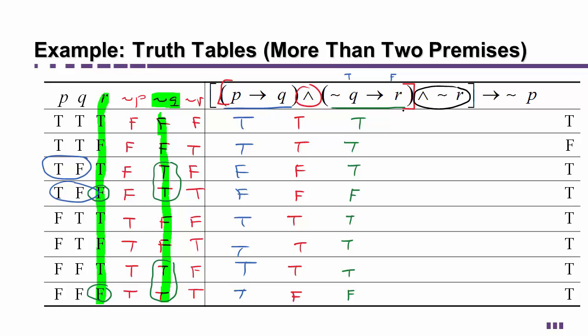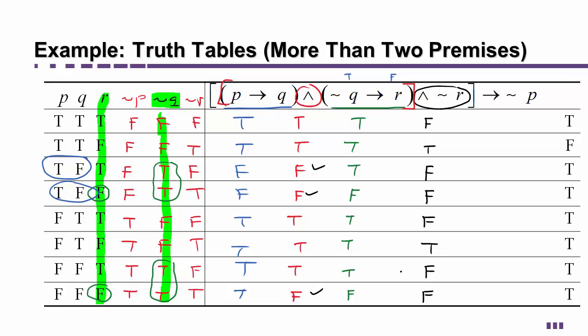And again, it's only true when both things are true. So we know right off the bat, it's got to be false here, here, and here, because that's when the first part is false. And then now we have to look at what happens with not R, and we can see it's false here, it's true here, right? It's false here, true there, and false there.